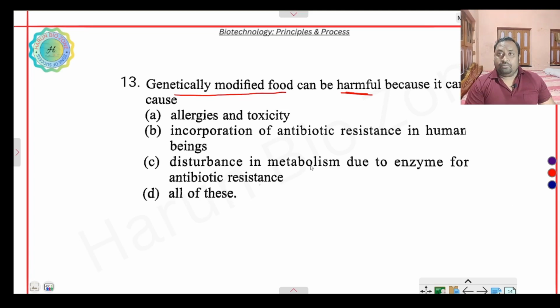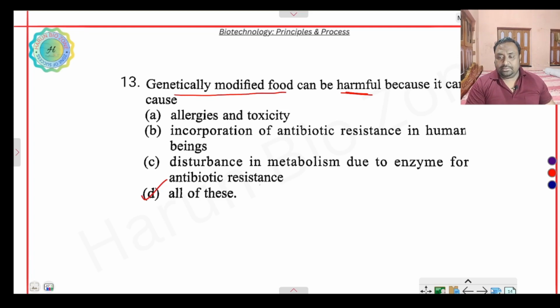So genetically modified food may be harmful because in case of genetically modified food, the normal wild type genetics is changed. So different types of toxic proteins may be produced that cause allergic substances, sometimes toxicity, sometimes metabolism disorders. And also some antibiotic resistance. So here the correct option is all of these.